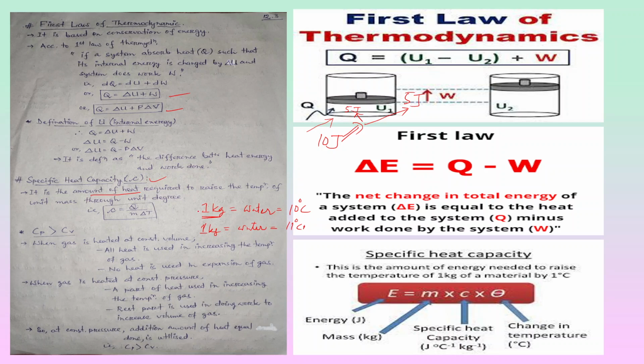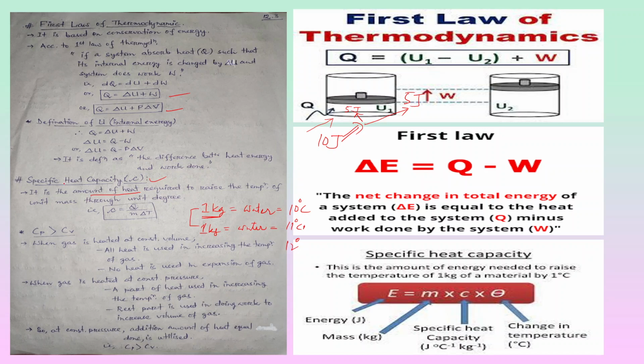Their mass is equal but their temperature goes from 10 to 11. Now again 11 to 12, then again they need some heat. Now that heat is our what? Specific heat capacity.